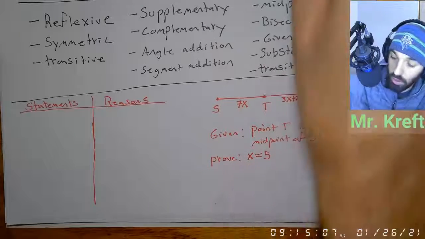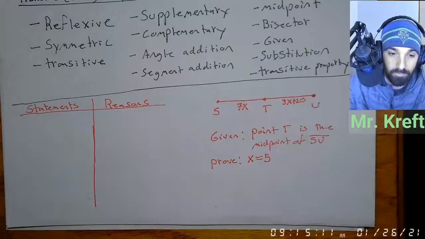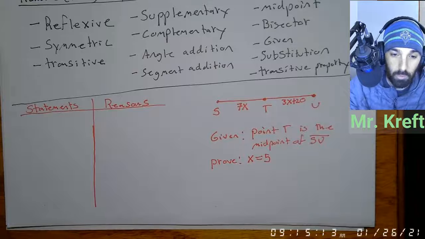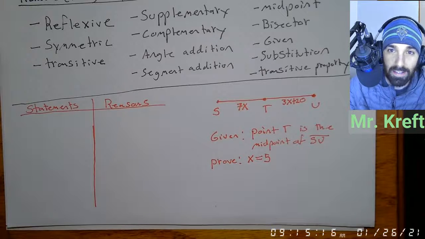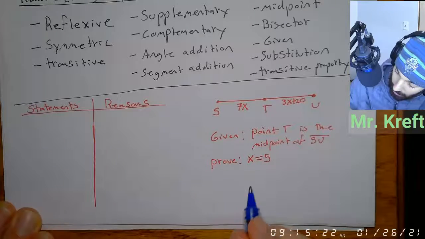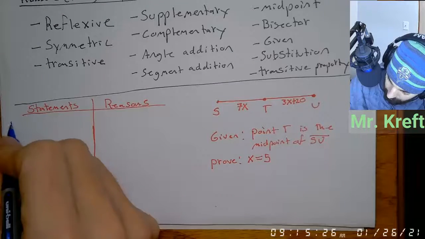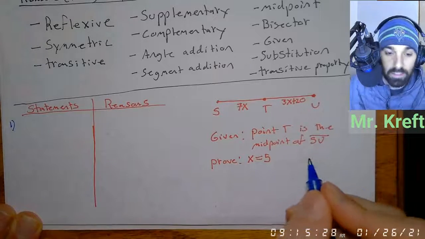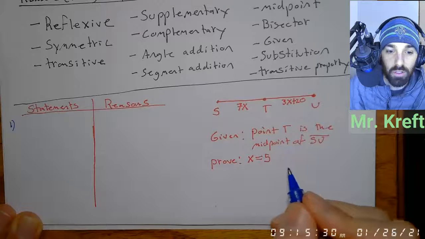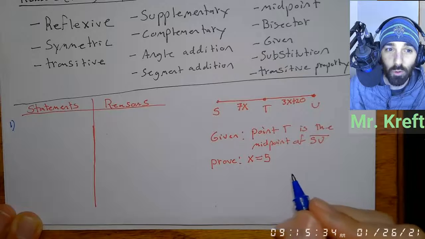Okay, so how do we always start proofs? Can you guys type that in the chat? What do we always start with? What always comes first? Yeah. Ooh, yeah. Good stuff, guys. Yeah, so our given comes first. So I'm going to take this given right here, and I'm going to write it down as my first one. Okay, and you can't abbreviate the given. Have you guys ever heard of the saying, the customer's always right?